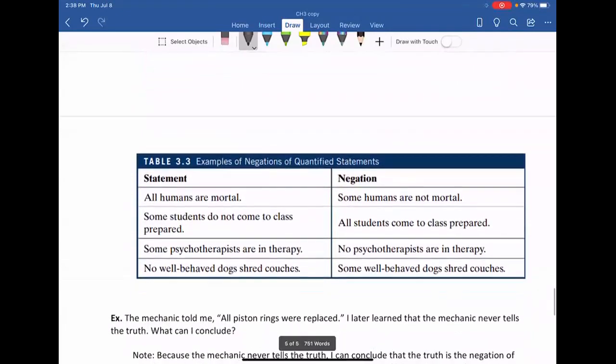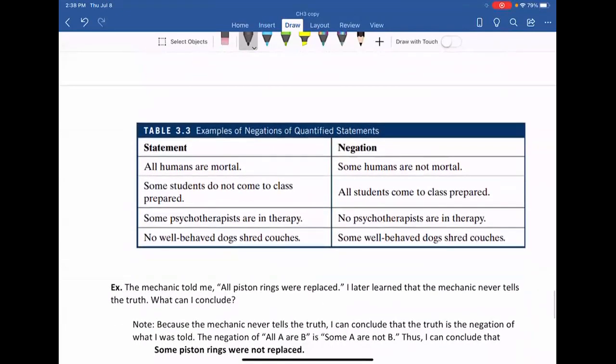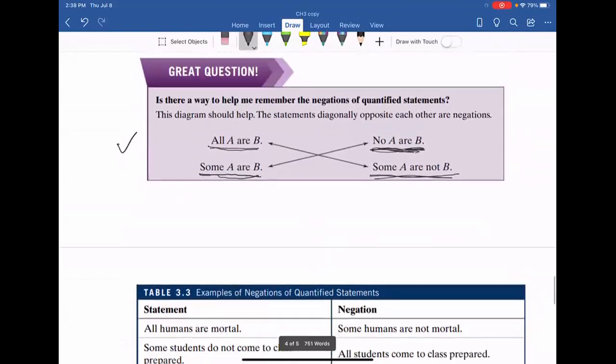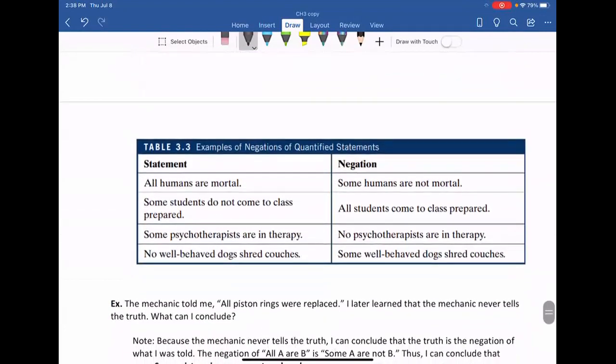Let's move on to this table. This is an example to show us how to use it. Okay, the first statement is: all humans are mortal. Because this is "all A are B", the negation should be some humans are not mortal.